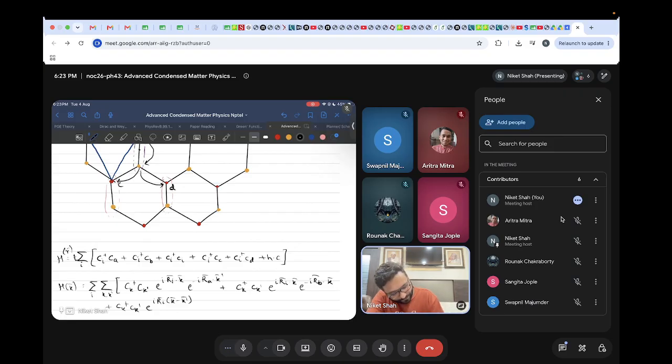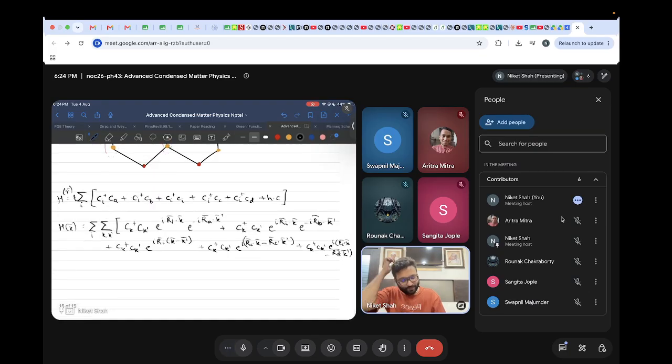Plus Ck dagger Ck prime, e raised to the power of i Ri dot K minus Rc dot K prime. K prime is important, of course. Ck dagger Ck prime, e raised to the power i Ri dot K minus Rd dot K prime. Okay, so these are my terms.